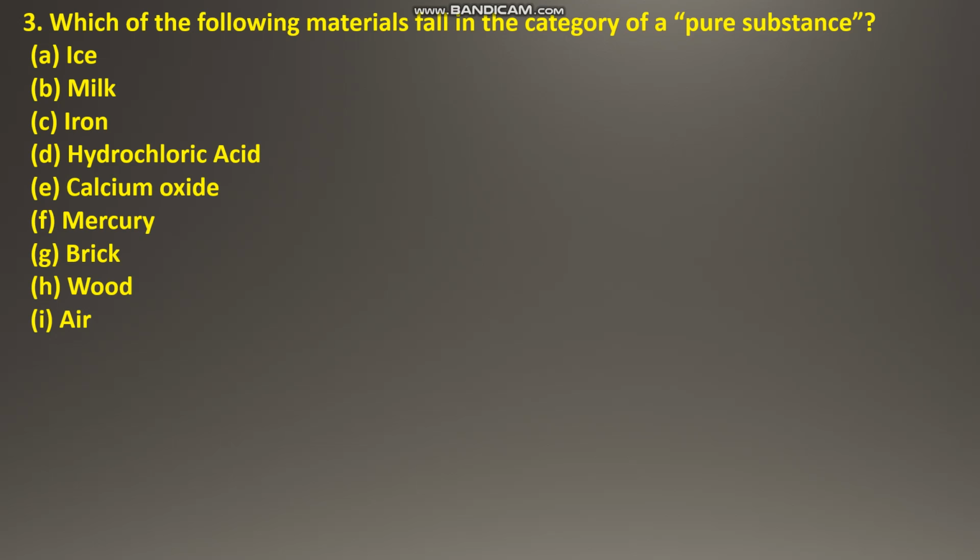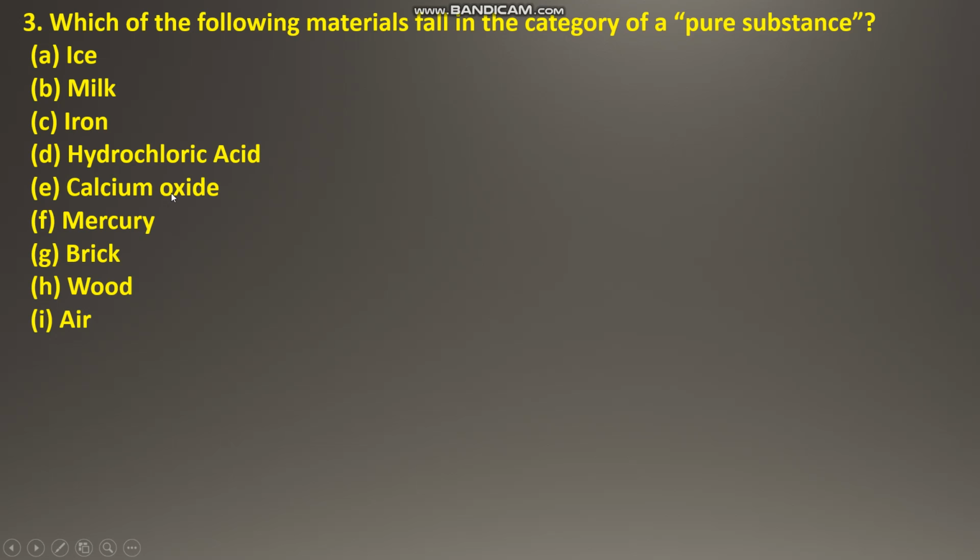For example, in this question, ice is a compound. You know its molecular formula is H2O. All the molecules are H2O molecules. So that is a pure substance. Milk is a mixture. So that is not a pure substance. It contains different types of substances. Iron is an element. It is a pure substance. Hydrochloric acid is also a pure substance as it is a compound.